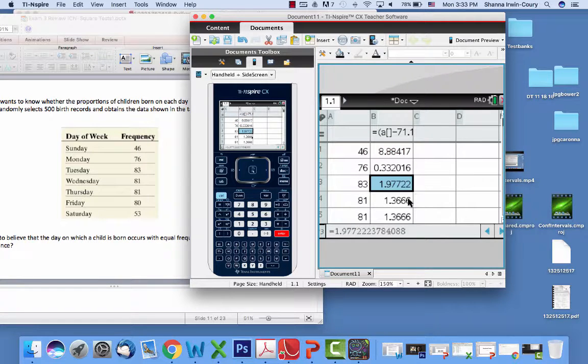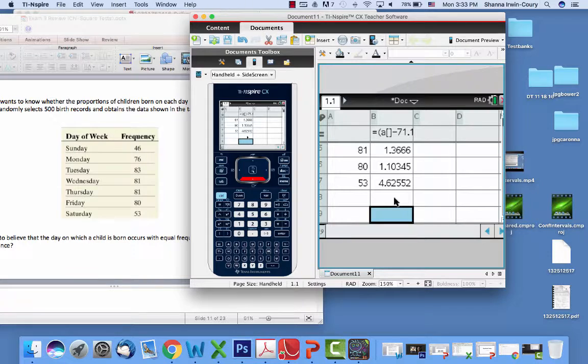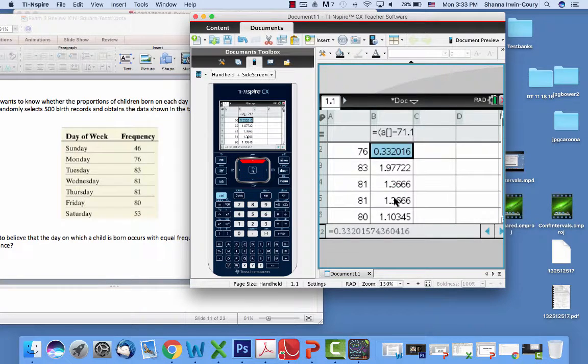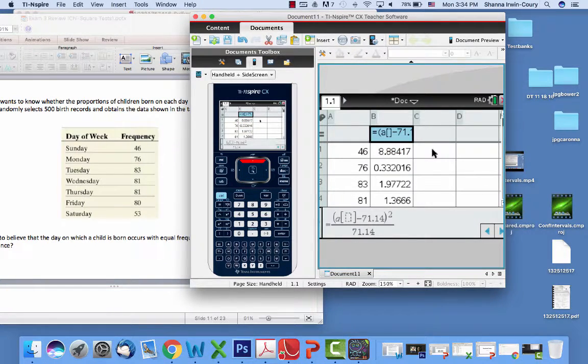Okay. So this is just take this value, subtract, I think 71.14 is the expected, 500 over 7. I think it may be 71.4.